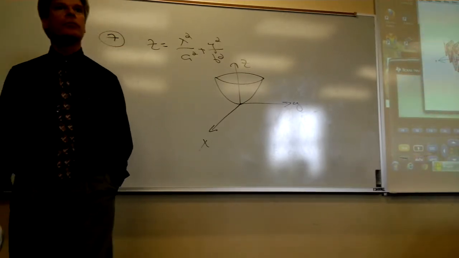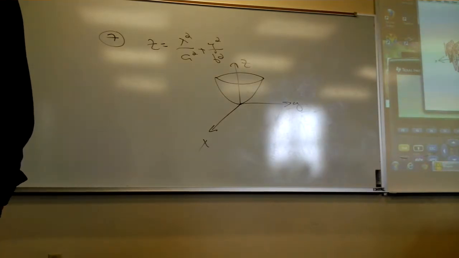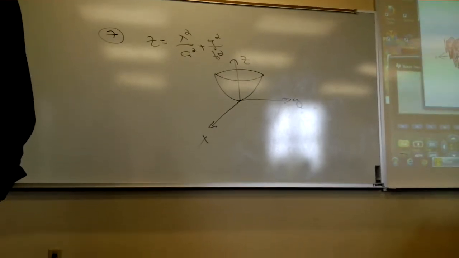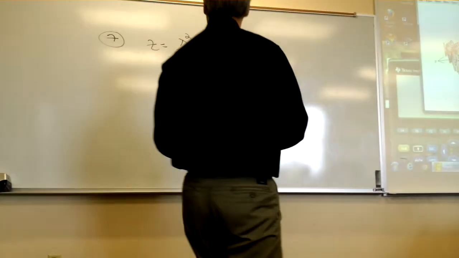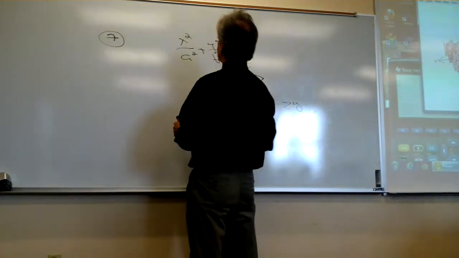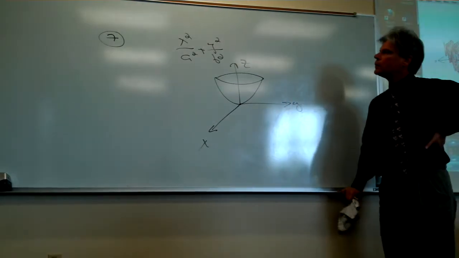What would be the equation of an ellipse, I mean, a cylinder that's ellipse shaped? So with an ellipse, everything's parallel. There's no Z. So you're coming down into a bowl, just an ellipse that goes straight up and down.